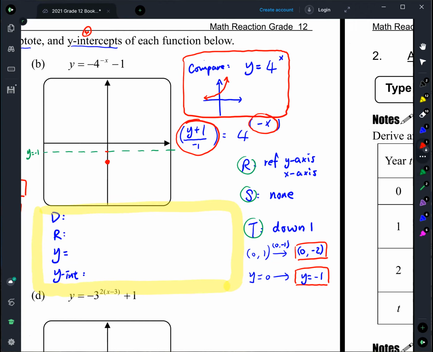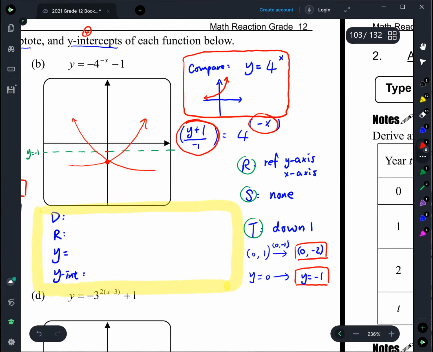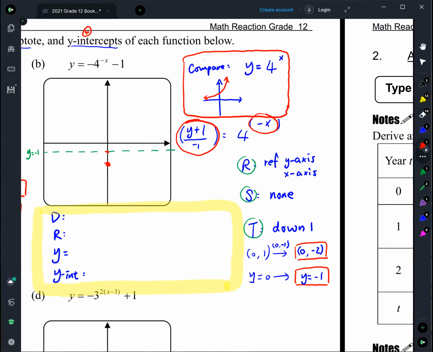You can curve something like that, curve something like that, curve this way, curve this way. 4 different ways, right? Okay, please raise your hand if you finish the sketch.